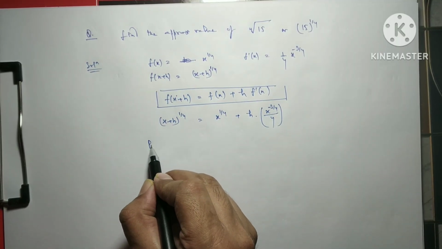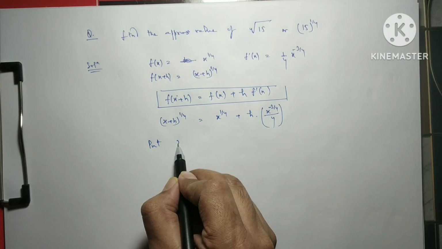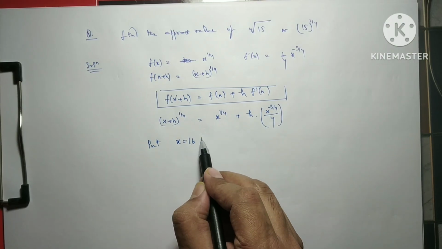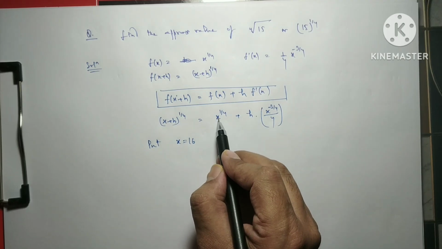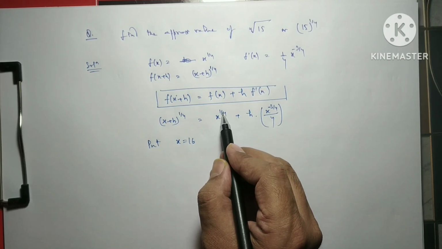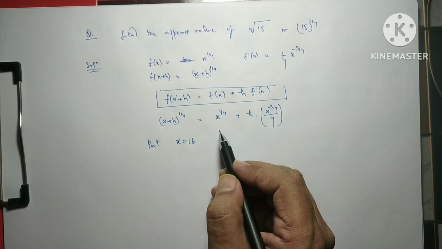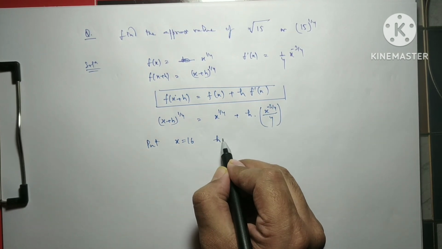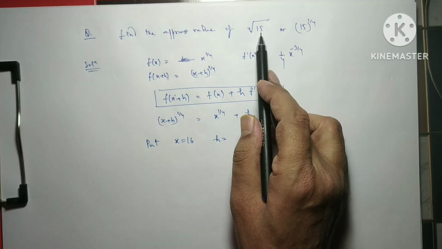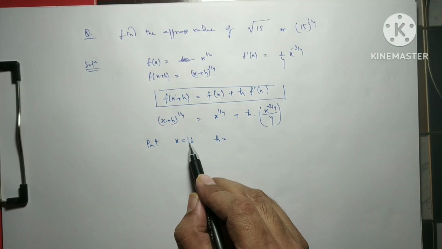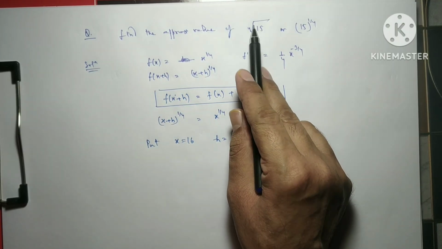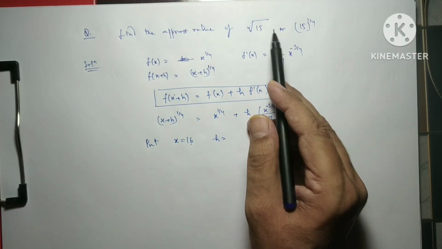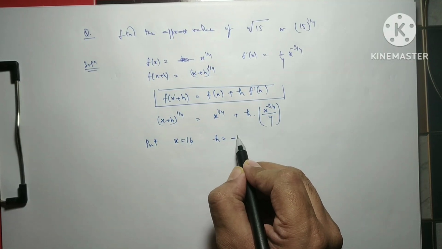So put x as 16 because 16 is 2 to the power 4. So you can collect x to the power 1/4, means you can collect the 4th root of 16 easily, that is true. And h: your required value is 15, but you are taking x as 16, so it is lesser value as compared to this, and this is one short, so this is −1.